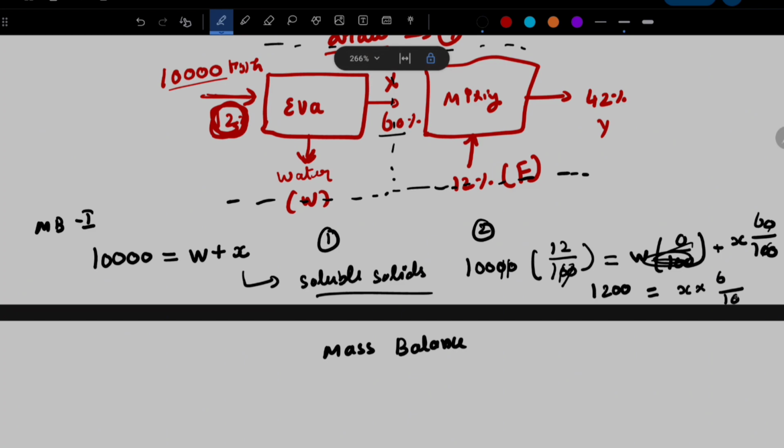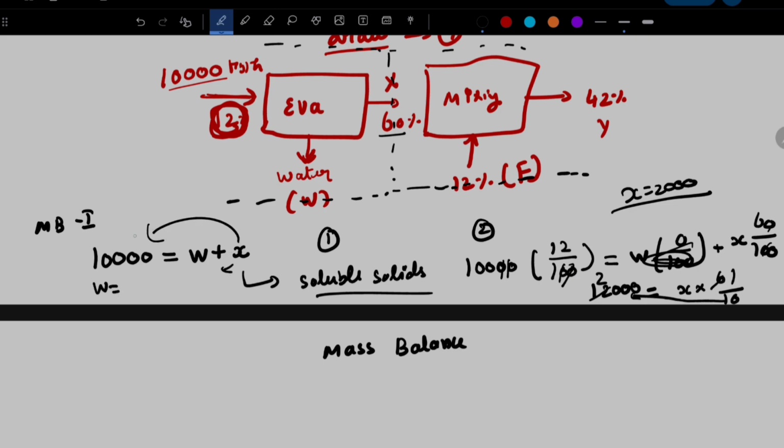I can make the 10 go here, thus 1200 is equal to X times 6, and if I cancel, X is equal to 2000.